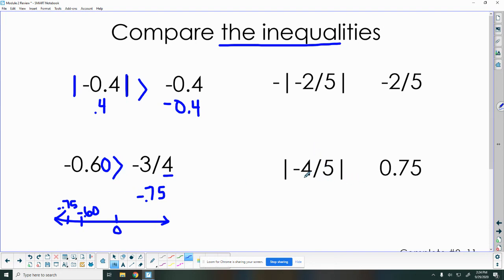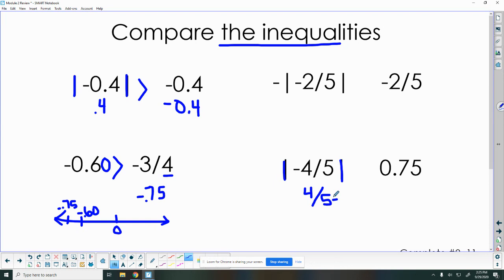Okay, let's come down here. So we've got -4/5, but it's the absolute value. So the absolute value of 4/5 is 4/5. And we've got 0.75 or 75 hundredths.